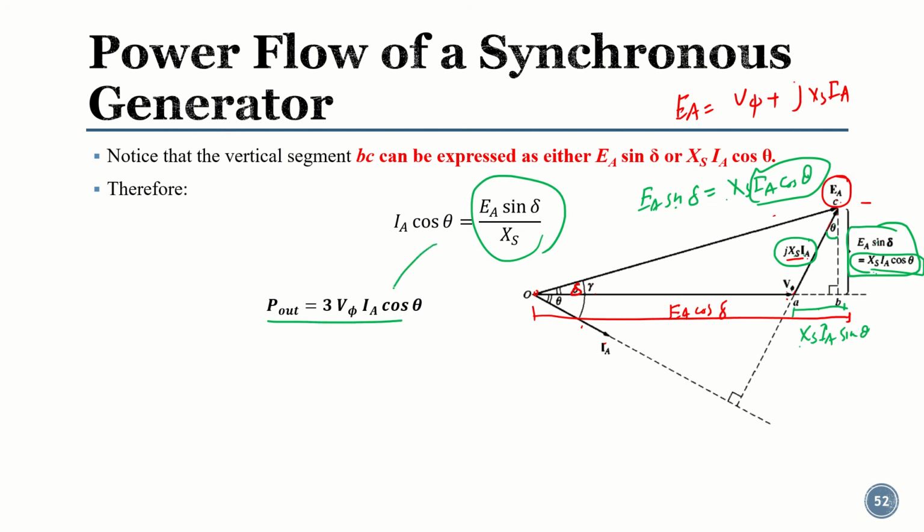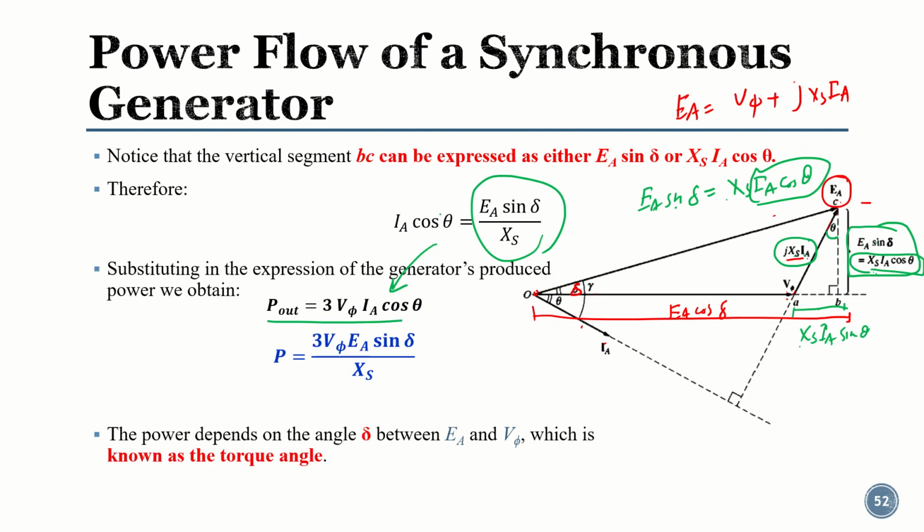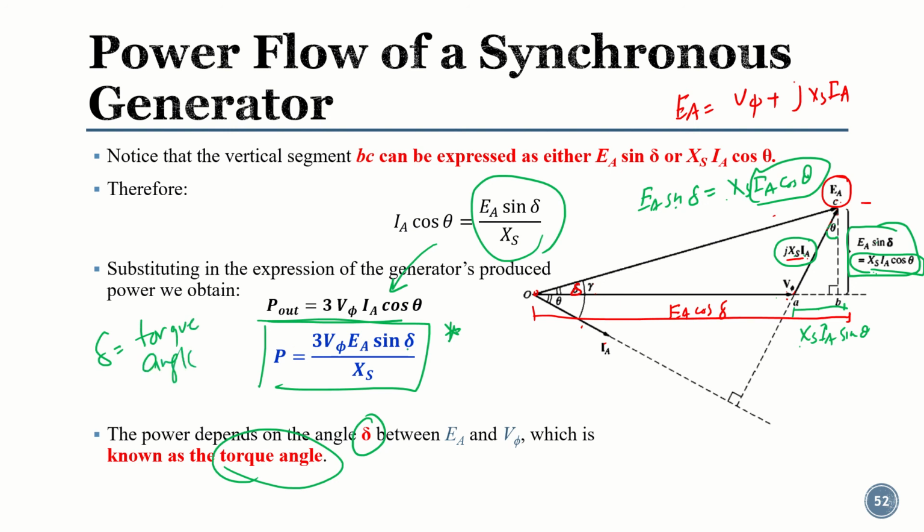If you put this here, the output power will become this one, which is the actual output power. And this angle sigma, between EA and V phase, is called the torque angle. So this is the main formula and how we are getting it.